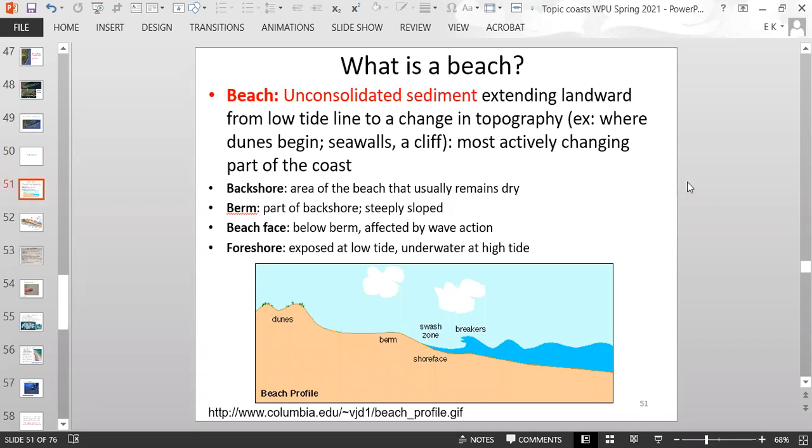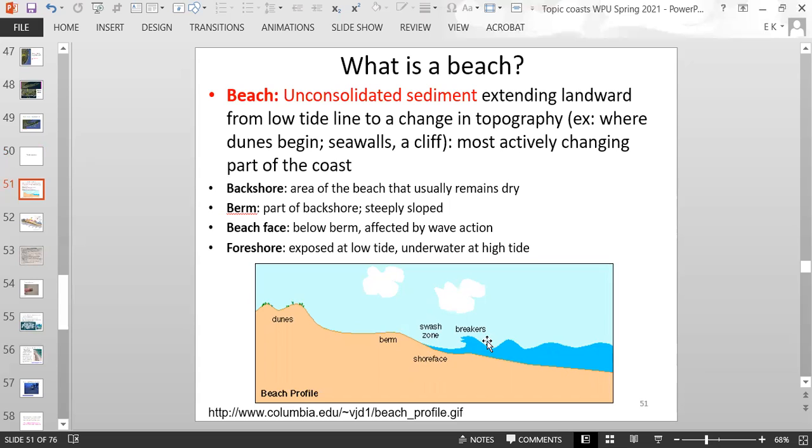What is a beach? A beach is composed of unconsolidated sediment, and it extends landward from the low tide line until a change in topography, meaning where the dunes begin, or perhaps a cliff, or even a seawall.